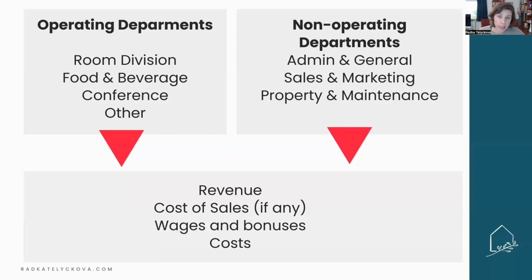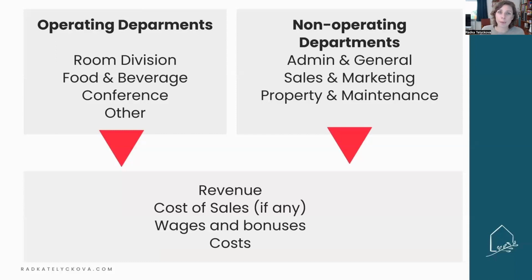And it is recommended not to mix the costs from one department to another, because we would like to simply understand how each department is doing, and if it really makes sense to operate the department as we are operating it right now.